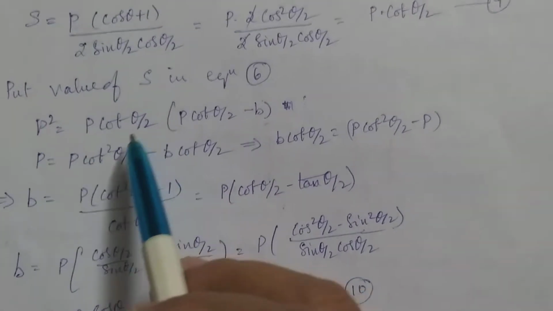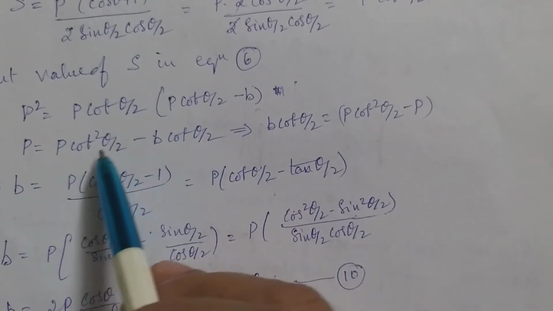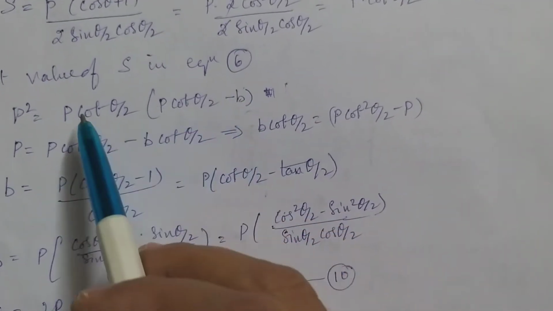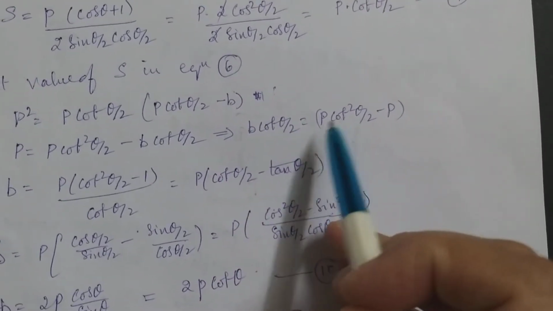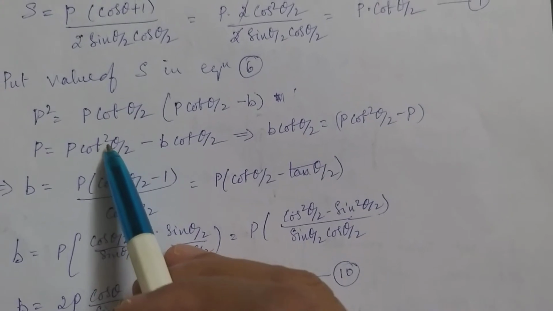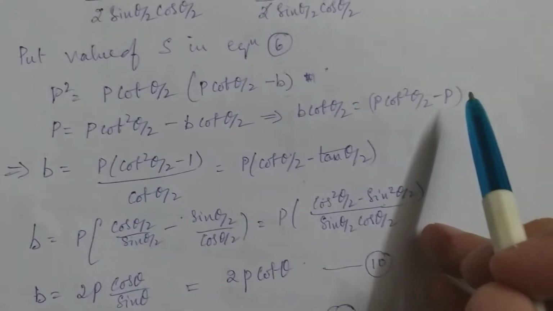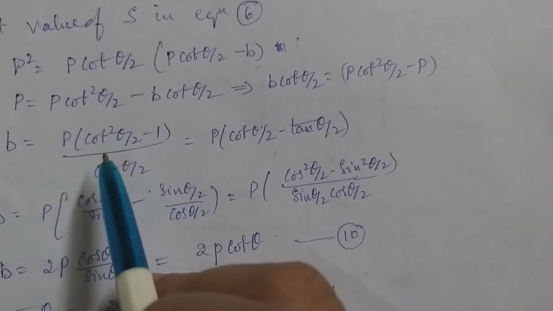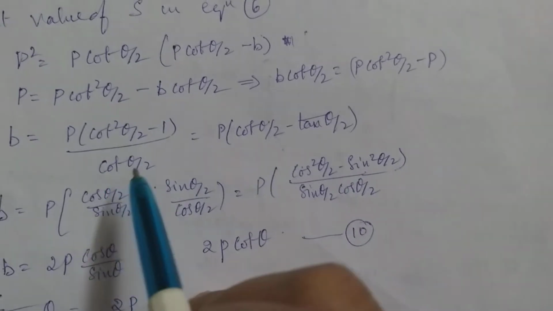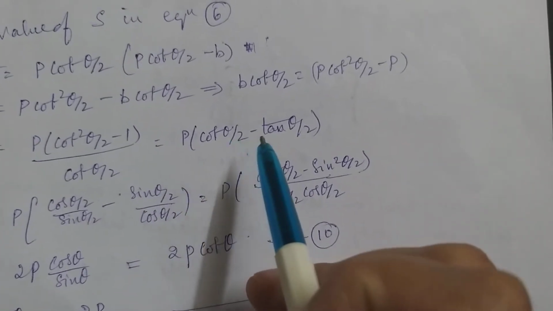And here cot theta by 2 into P cot theta by 2 is P cot square theta by 2 minus B into cot theta by 2. So B cot theta by 2 is taken to that side. So it will become P cot square theta by 2 minus P. So B is equal to P into cot square theta by 2 minus 1 by cot theta by 2, which is equal to P into cot theta by 2 minus tan theta.